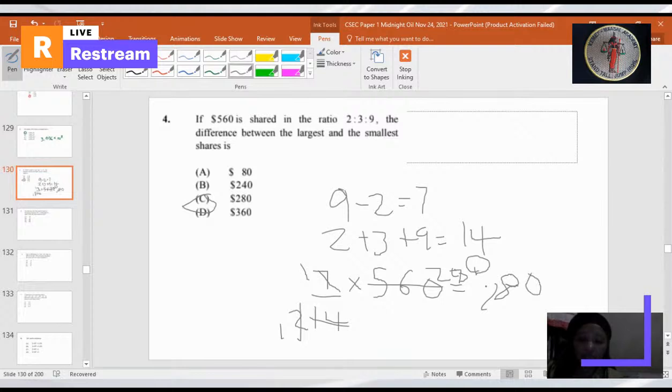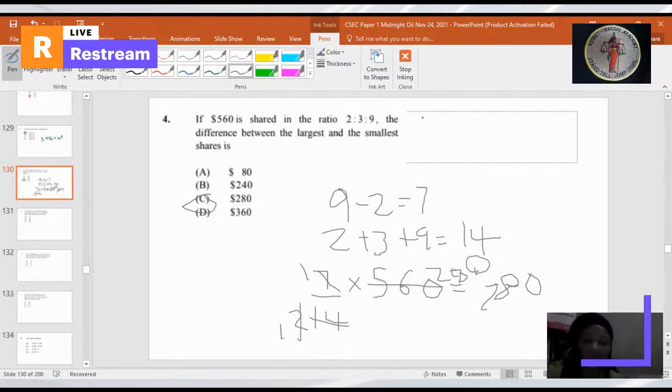So you could have worked out the smallest being 2 over 14 times the 560, so 1/7 times 560, which would be 80.